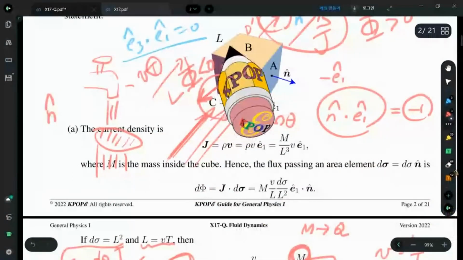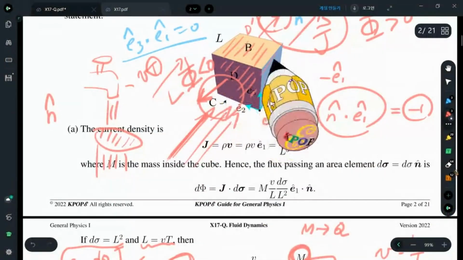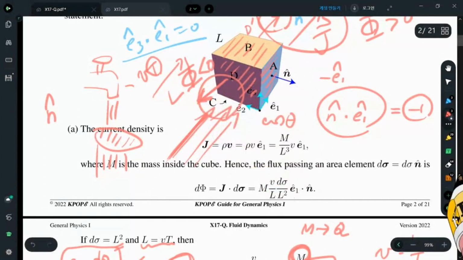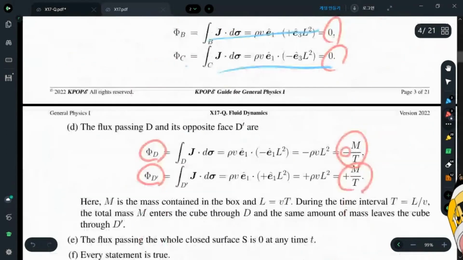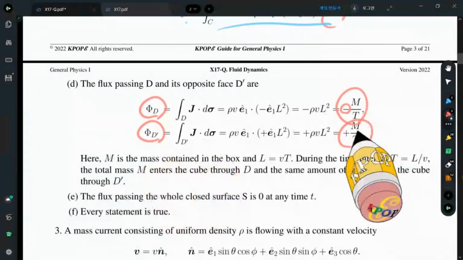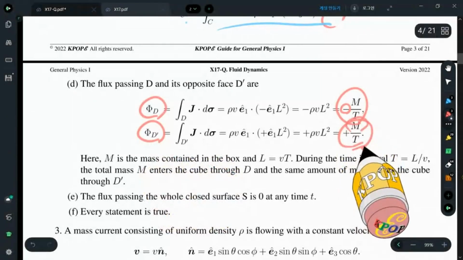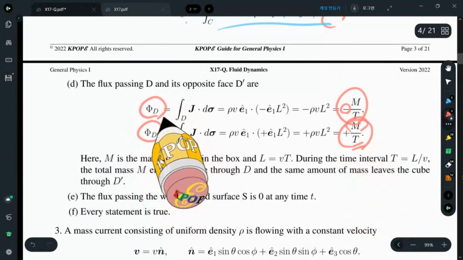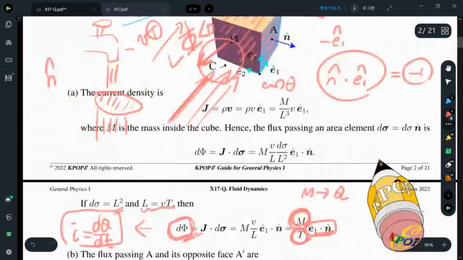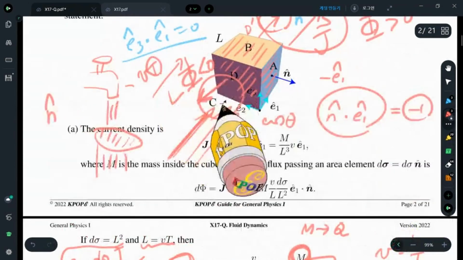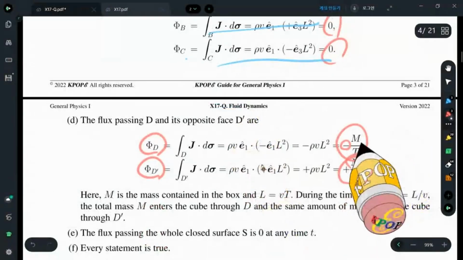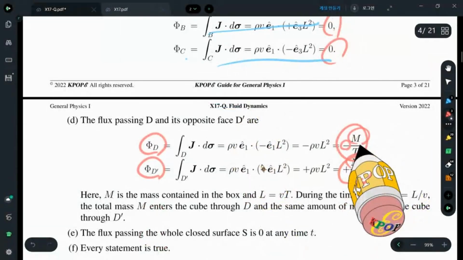So the amount of mass trapped inside this volume is always invariant. Why? The amount of mass coming out of the surface D prime is m per time t, and the amount of mass coming into this volume is m.